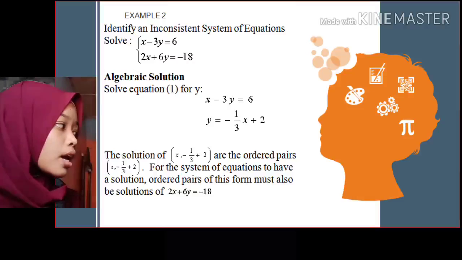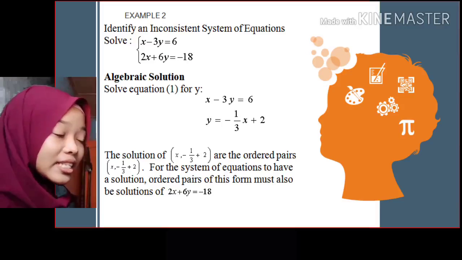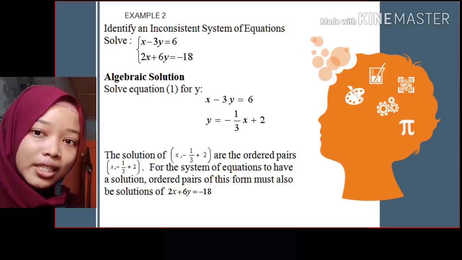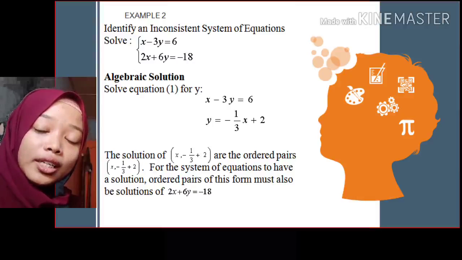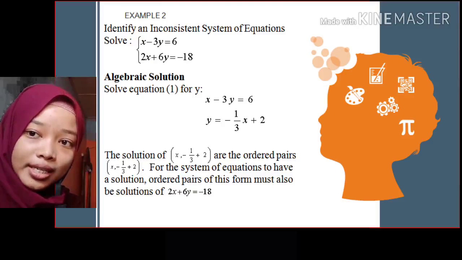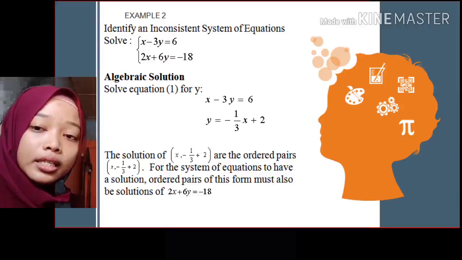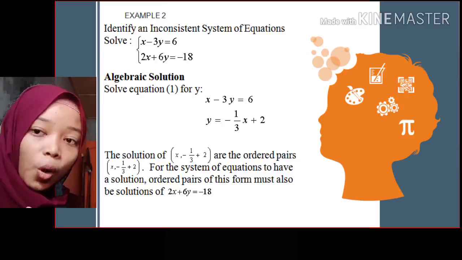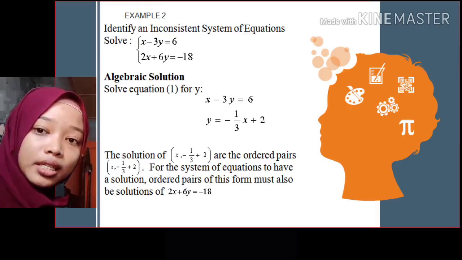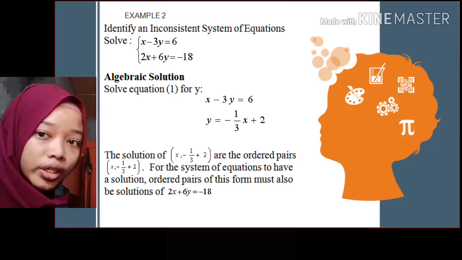Example 2. Identify an inconsistent system of equations. What is an inconsistent system of equations? A system of equations is called an inconsistent system if there is no solution of equations.